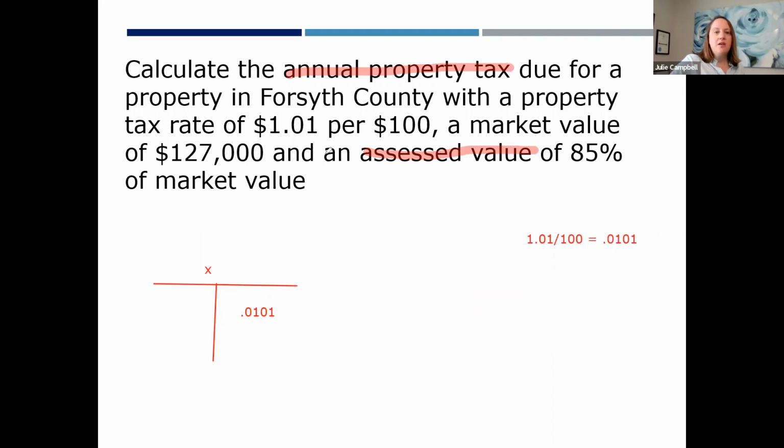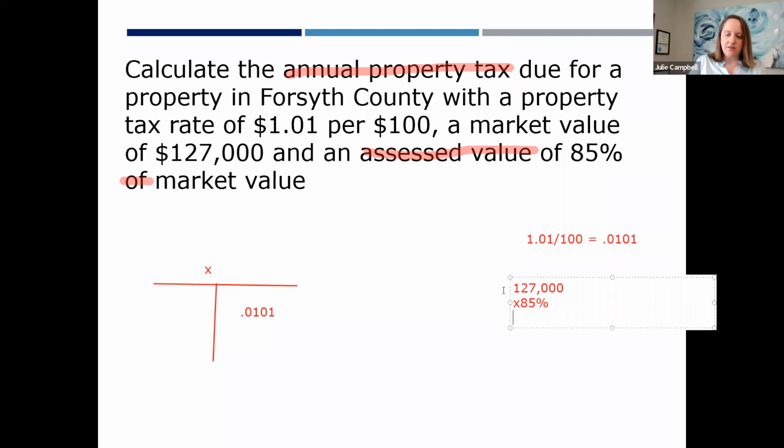Who can remind me what the word of means in a math problem? What does that word of mean? Times. Multiply, times, absolutely. So how do I find the assessed value? I take 85% of the market value. My market value is 127,000.